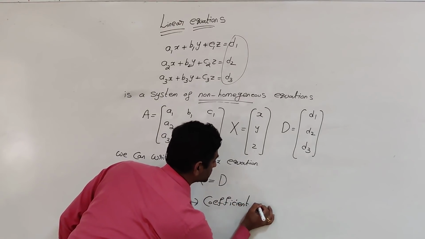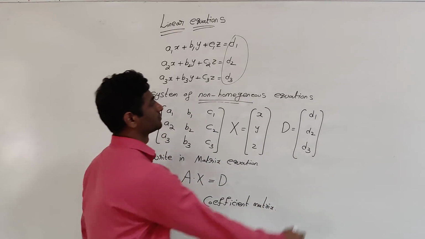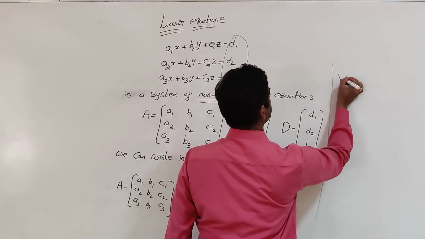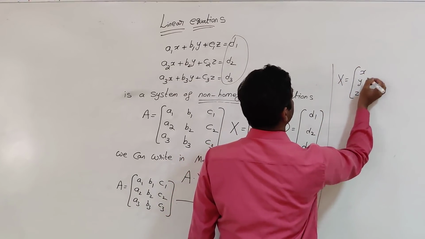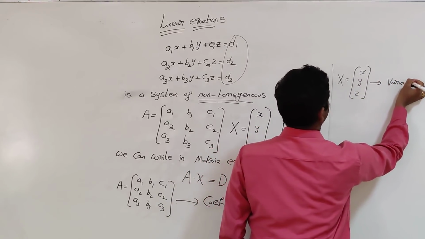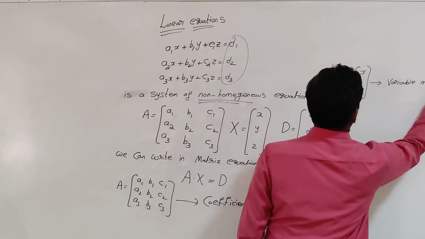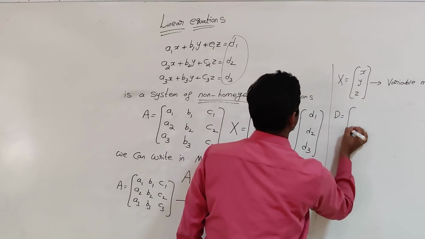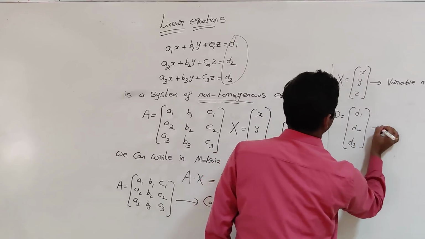Next, what is capital X? That is x, y, z, called the variable matrix. Capital D is d1, d2, d3, called the constant matrix.